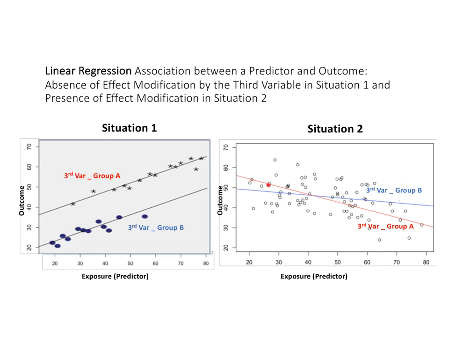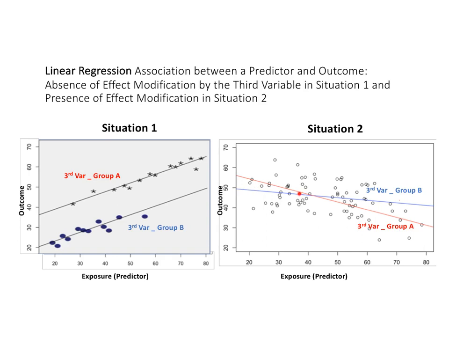You see that the inclination of the slope for group A is greater than the slope for group B. This means that the association between exposure and the outcome is stronger for group A than group B.